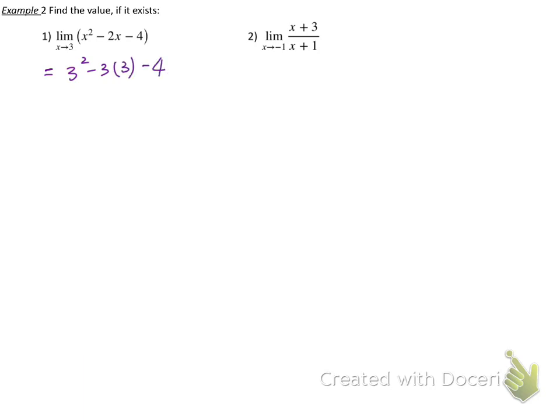Okay, because x squared minus 2x minus 4 is a continuous function, you just plug in. Oh, sorry, it's a 2 here. 2 times 3 minus 4. So it's 9 minus 6 minus 4. That would give me negative 1.